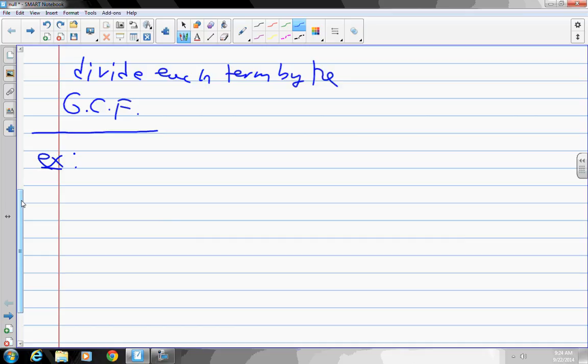So let's try this. 6x squared y cubed minus 12x to the 4th y squared plus 9x squared y z. Some nonsense like that.